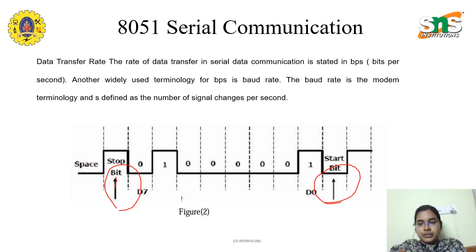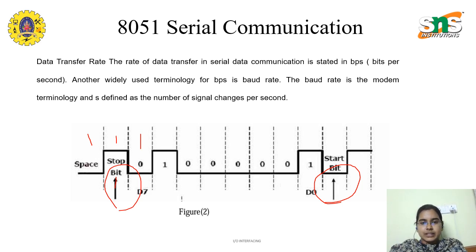For example, if the last bit is 1, I have to give my stop bit twice so that it indicates that the character has stopped.